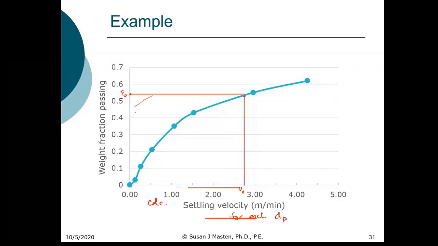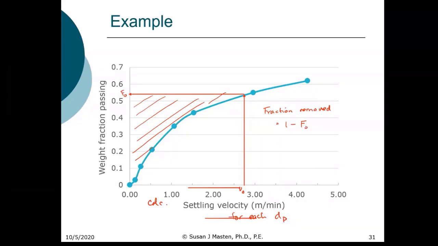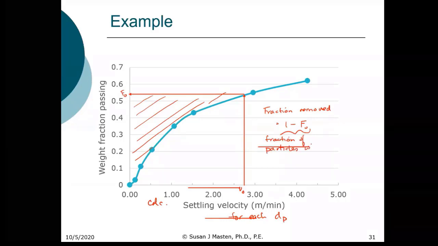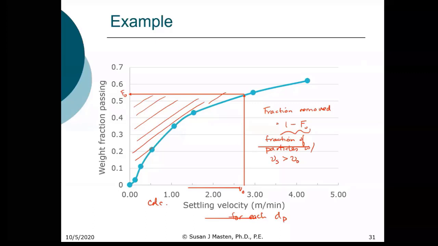And what we want to do is calculate the area above the curve, so that the fraction removed is equal to 1 minus F naught. This corresponds to the fraction of particles with a settling velocity greater than V naught. So all of those particles are removed.